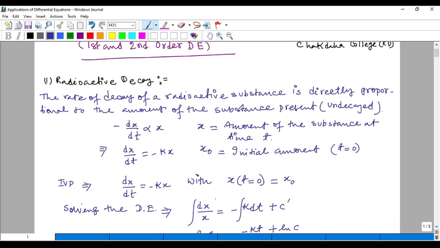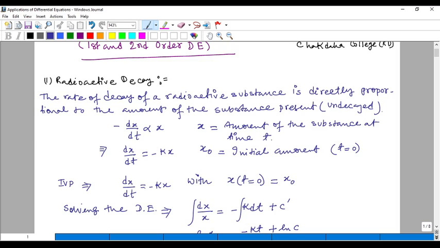Now we can make an initial value problem with this differential equation, subject to the initial condition that x at t equal to 0 is equal to x0. Here you see that x is the dependent variable, and it is changing with time.